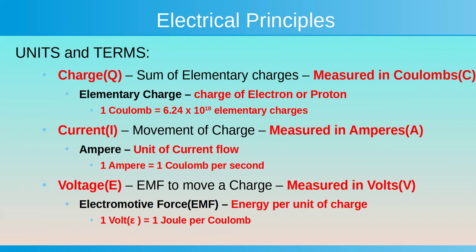They have no charge, and all they do is add to the molecular weight, so they have no effect on the charge. Just to give you an idea, a coulomb is 6.24 times 10 to the 18th elementary charges. That's a very big number. And we'll talk about scientific notation in a little bit if you're not familiar with it.